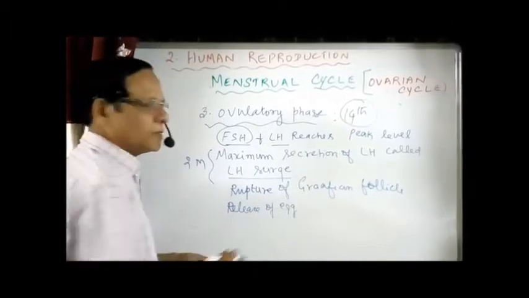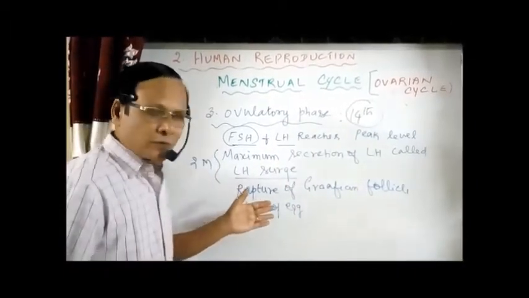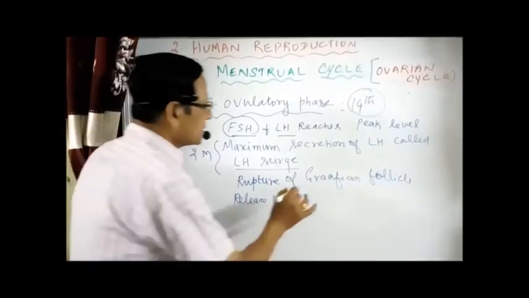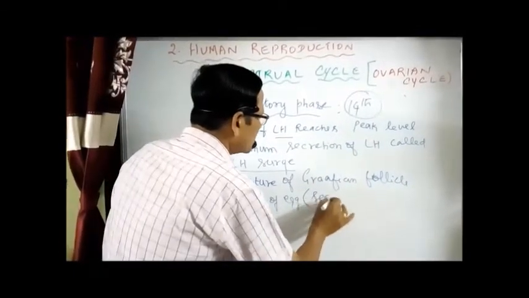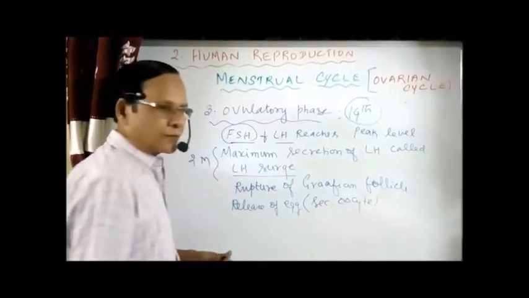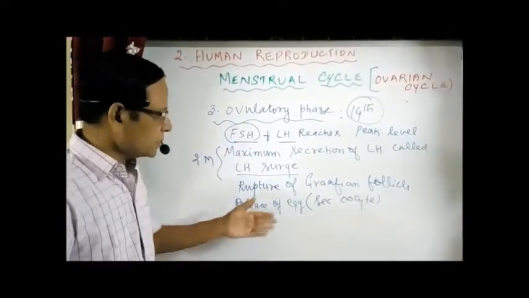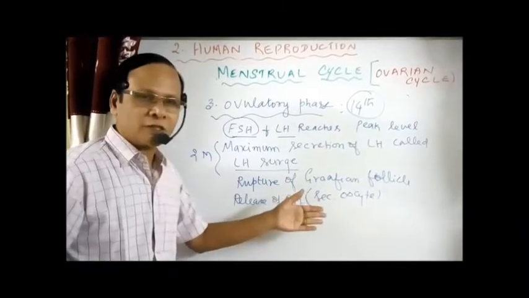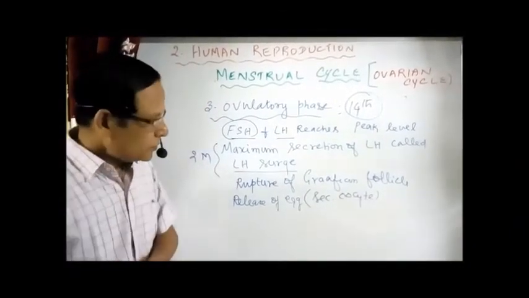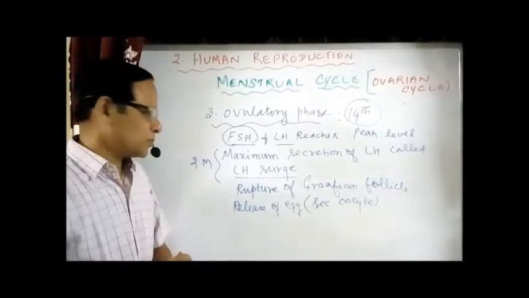I mentioned already, when the egg is released from the ovary wall, it is in the secondary oocyte stage. It has completed only the first reduction division and is called a secondary oocyte. Further maturation occurs only after the fertilization process.